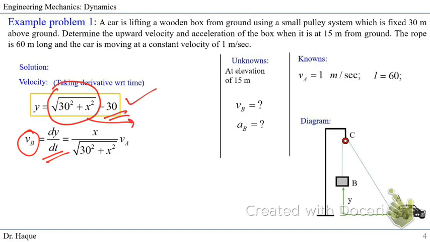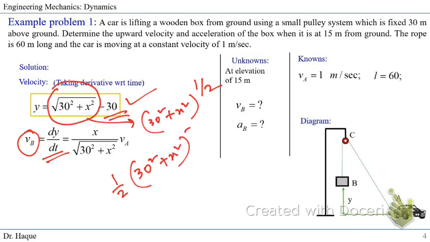This term is 30 squared plus x squared to the power half. If we take the derivative, it becomes half times 30 squared plus x squared to the power negative half, because half minus 1 is negative half. And for the x squared, by the chain rule, we multiply by 2x, because the derivative of x squared is 2x.